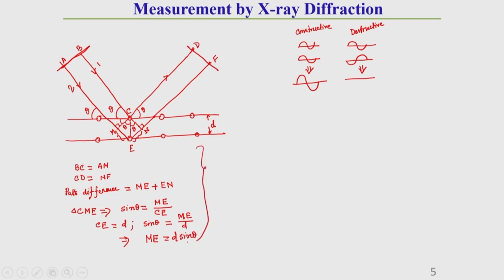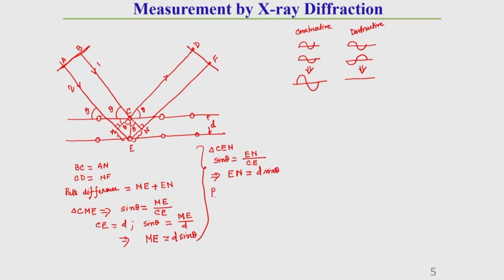Now from another triangle, triangle CEN, we can write sin theta as EN divided by CE. So from here we can easily get EN is equal to D sin theta, since CE is already D. So here, how much path difference are we getting?